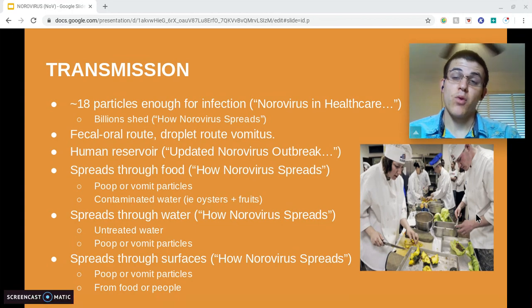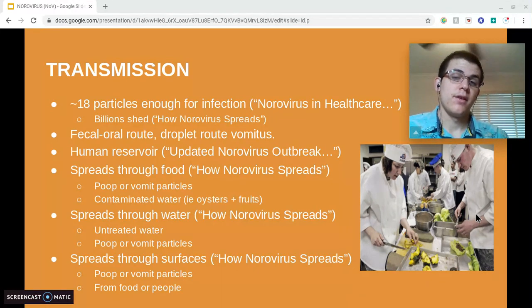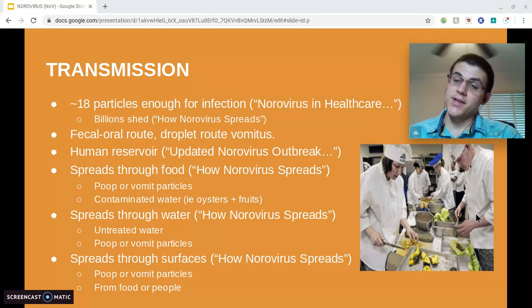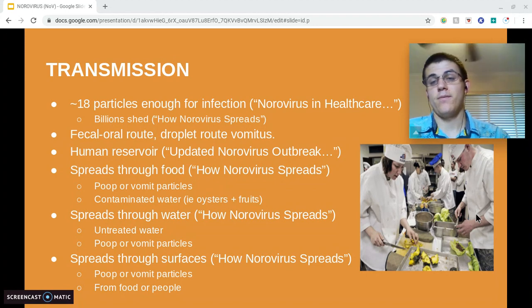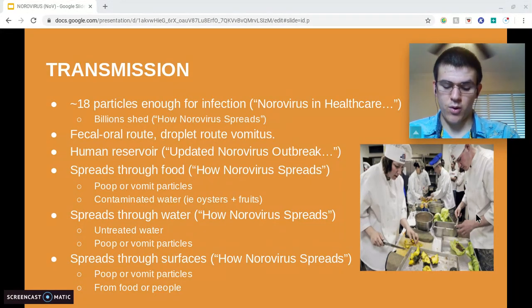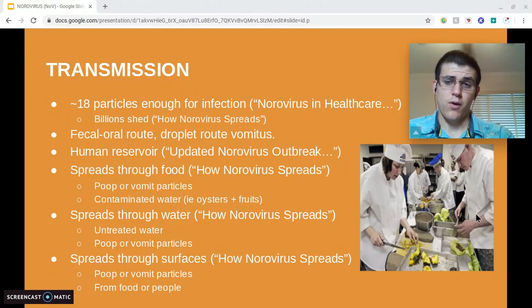People who have norovirus shed billions of particles, but it only takes around 18 or more to get infected by it. So that's not very many particles that are required to infect you for a virus that sheds billions. That's pretty crazy.